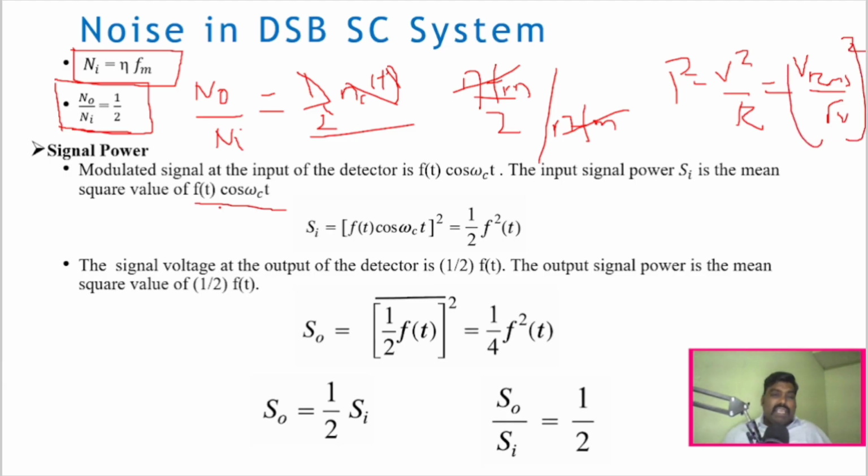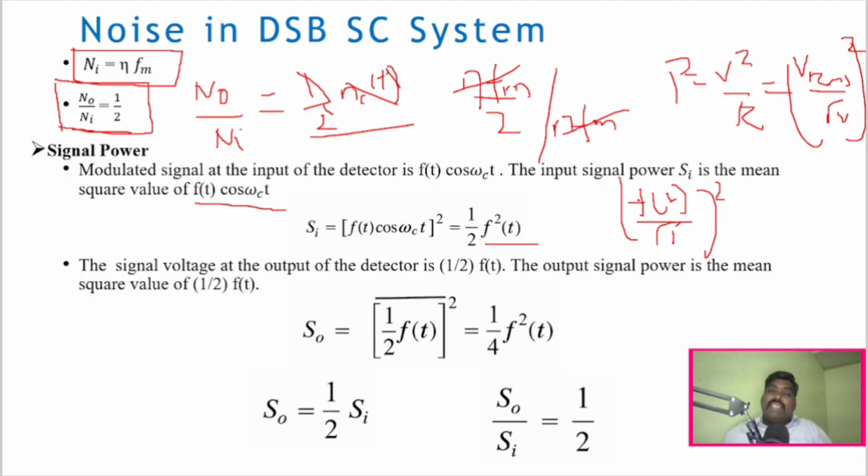So here it is f of t, so it will be represented as f of t divided by root 2, whole square, which can be written as 1 by 2 f square of t. Clear? And this is the input signal power.